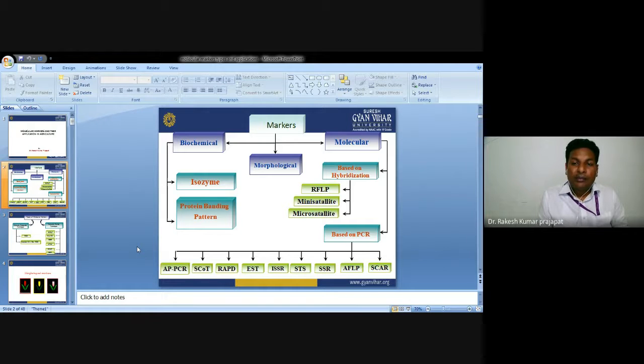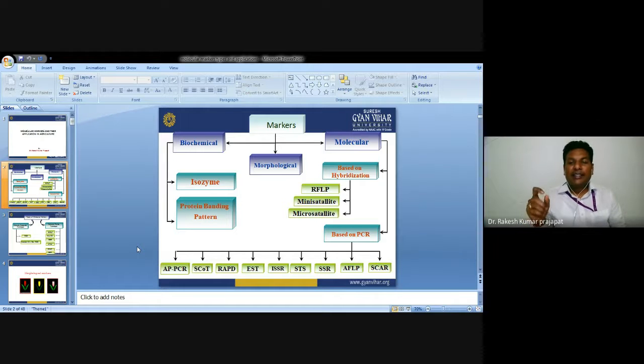We can classify them based on hybridization and based on a recent technique, PCR, polymerase chain reaction. Hybridization means hybridizing a particular DNA probe sequence to the DNA based on sequence complementarity. This is the basic principle of hybridization-based molecular markers: RFLP, minisatellite, and microsatellite.